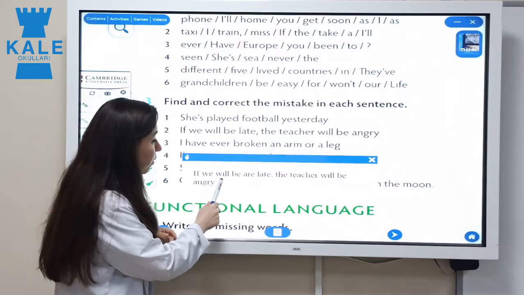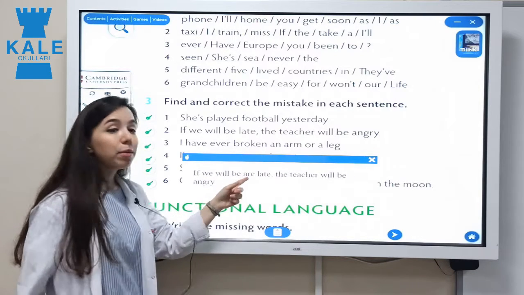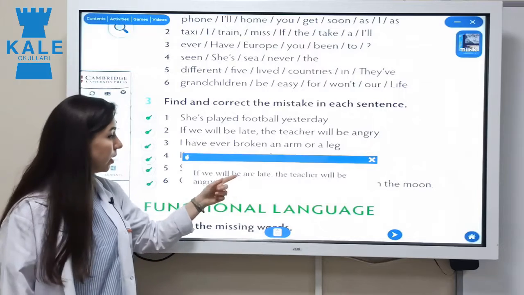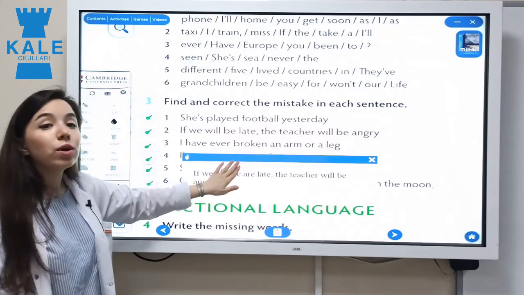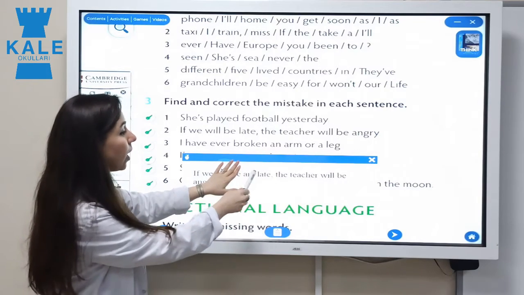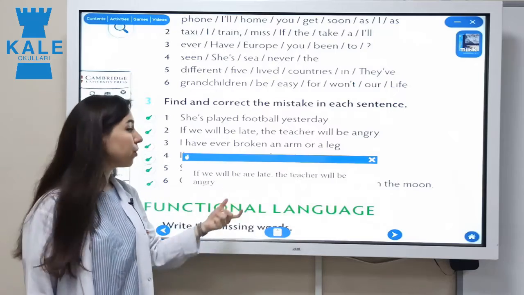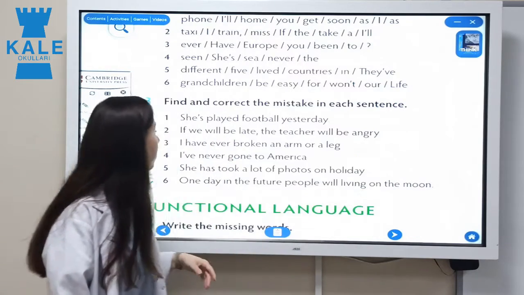For example, will be here is the mistake, so are comes here. If we are late, because are is present simple here. If we are late, the teacher will be angry. So here, will be is the wrong part and you have to write are. If we are late, the teacher will be angry. Here, present simple, are. Here, future form.